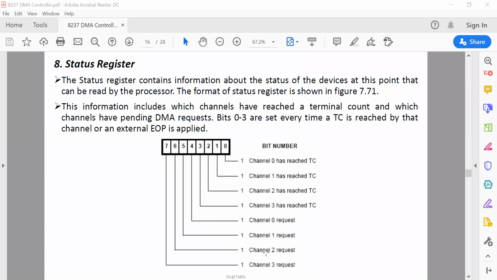If channel 2 is used to transfer the DMA request from the external input output device to the DMA controller, then this bit is to be set. So according to the requirement, the required number of channels can be set or reset using the last 4 bits of the status register.